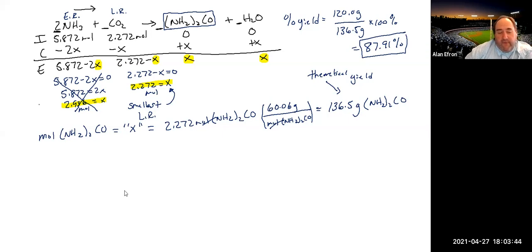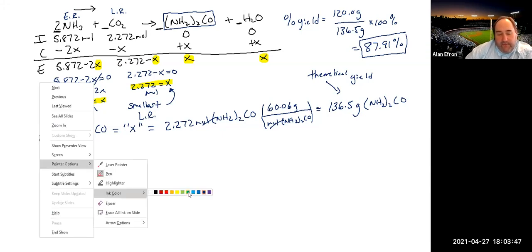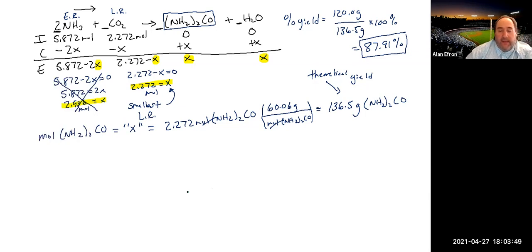So as I mentioned before, just to show you the benefit perhaps of doing it this way, we were not asked in this case how much water would we have produced. But if we wanted to know how much water we produced, we simply could go to our table. And in this case, we see that the moles of water equals x, which means we would also produce 2.272 moles of water.